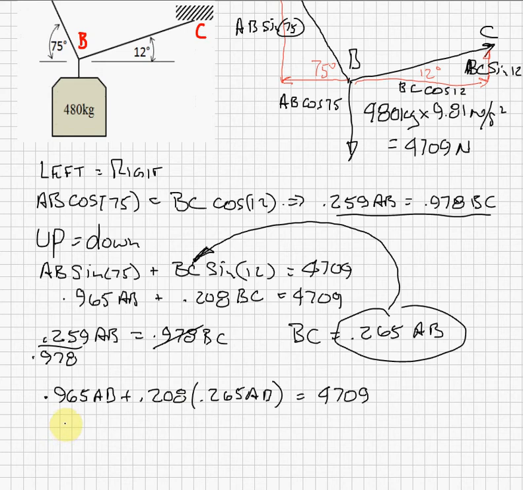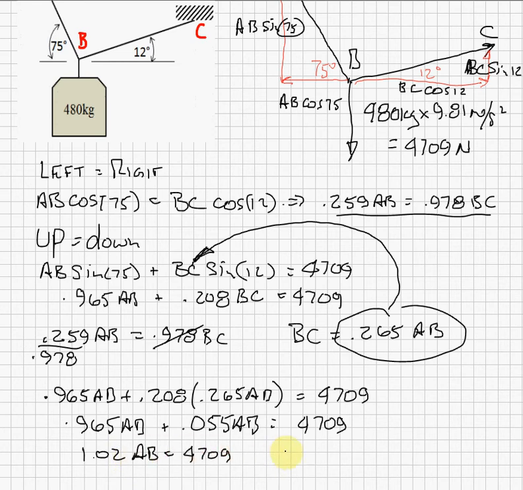And so now I get 0.965 AB plus 0.055 AB equals 4709. I get 1.02 AB equals 4709, or AB equals 4616.